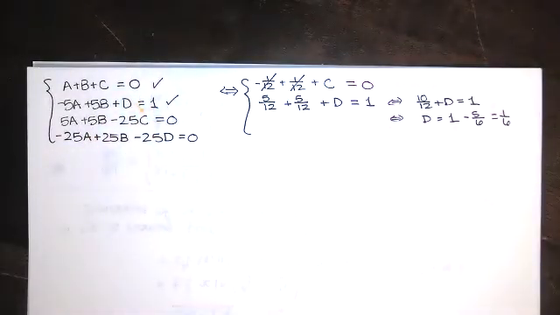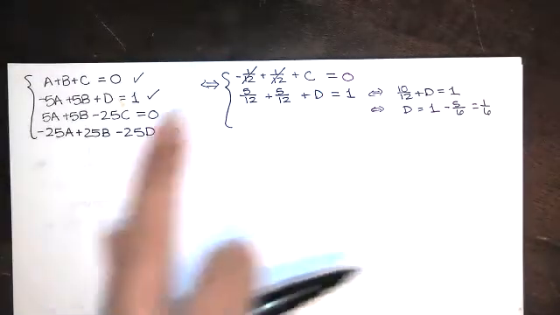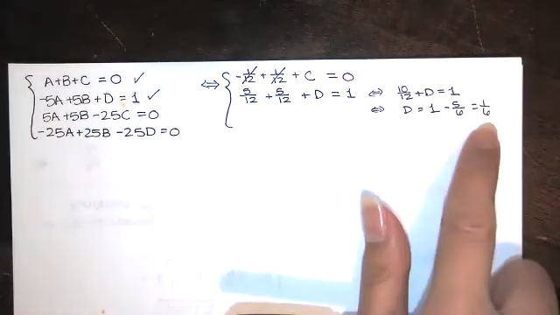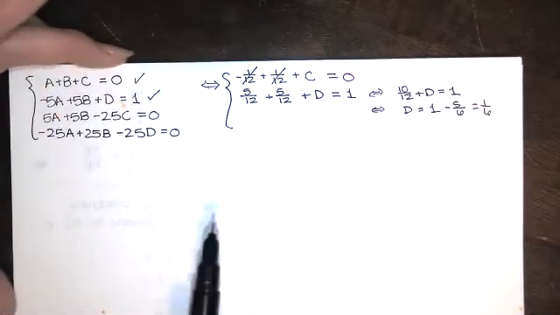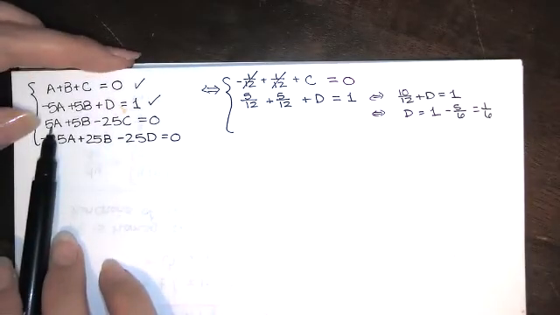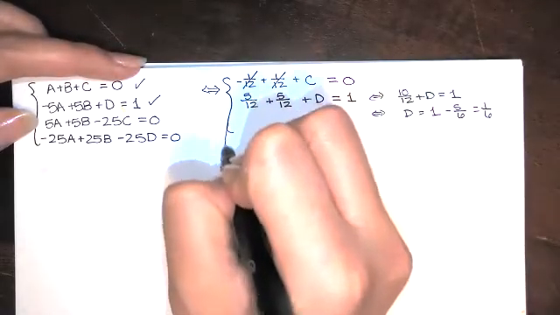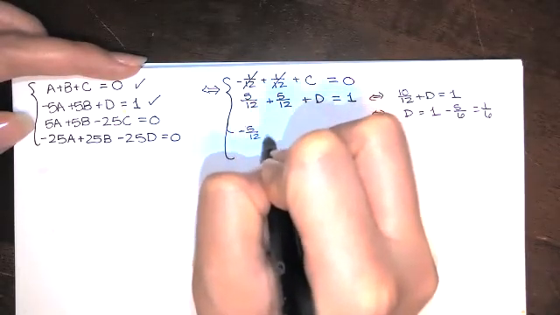Now that's just from the 2 equations up here. Now in order for this to be a consistent system, c equals 0 better work in this equation, and d equals 1/6 better work in this equation. Otherwise, we're in trouble. So let's make sure it actually works for this guy. If a is -1/12, this third equation becomes -5/12.